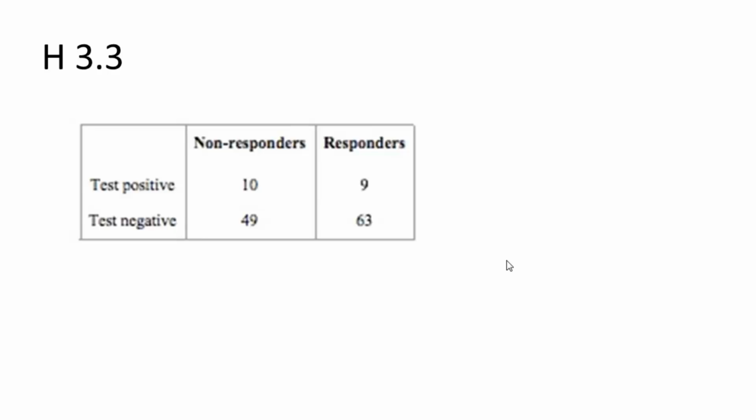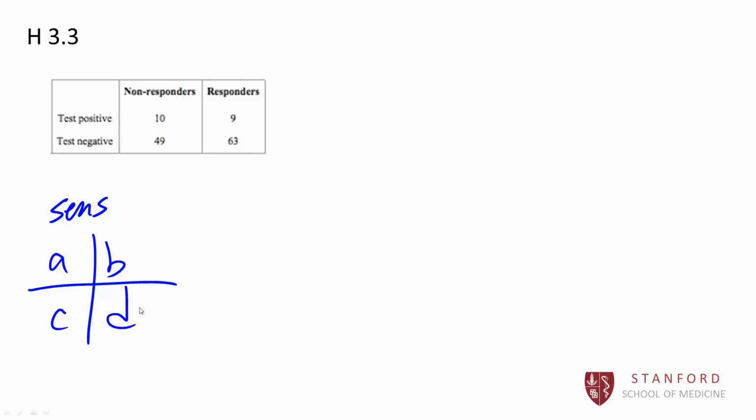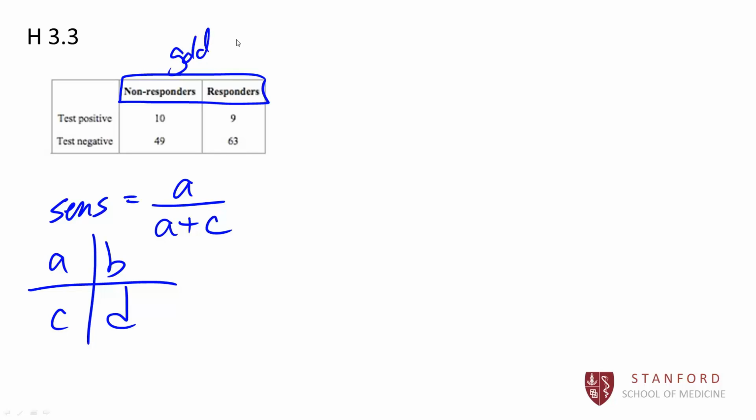It's important to know before you start these things that if you want to apply the formulas given for, let's say, sensitivity, for example, when given a contingency table like this, if you search for sensitivity on the internet, you're going to see a lot of resources saying sensitivity is simply equal to A over A plus C. And while that is true in this situation, you have to be very careful when applying this formula, because this only works when this is the gold standard, or what's considered true, and this is the diagnostic test.